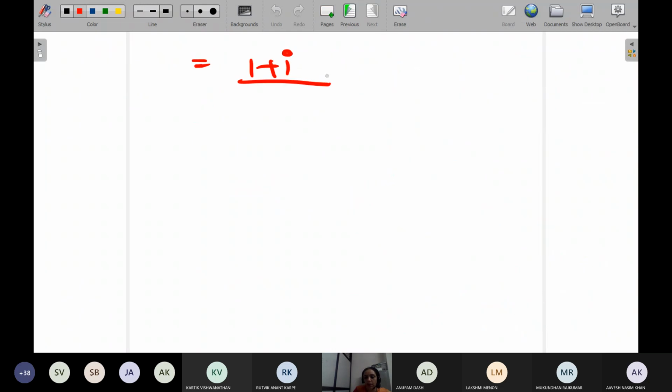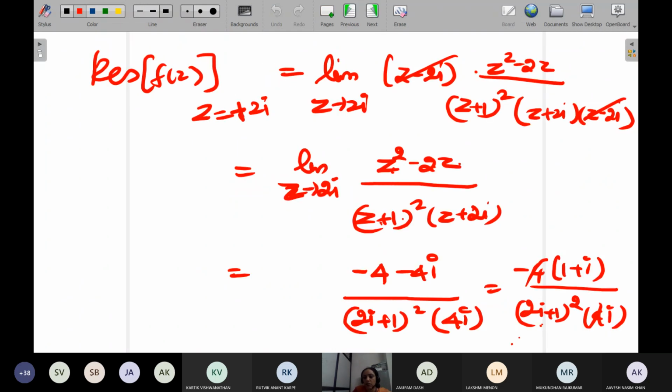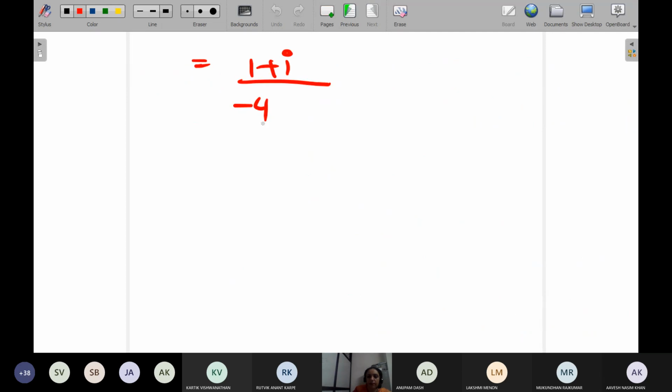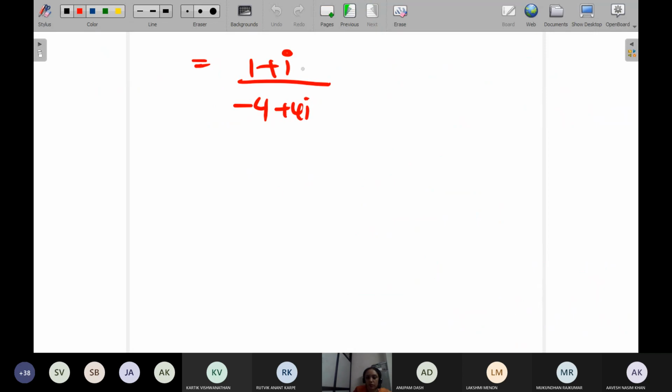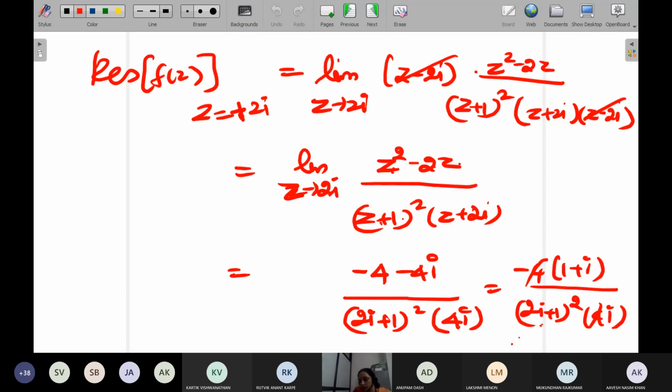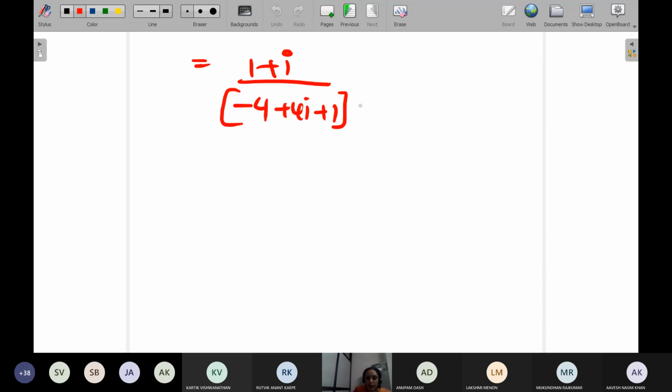So a square will become minus 4, plus 2ab, so this will become 4i, plus 1.